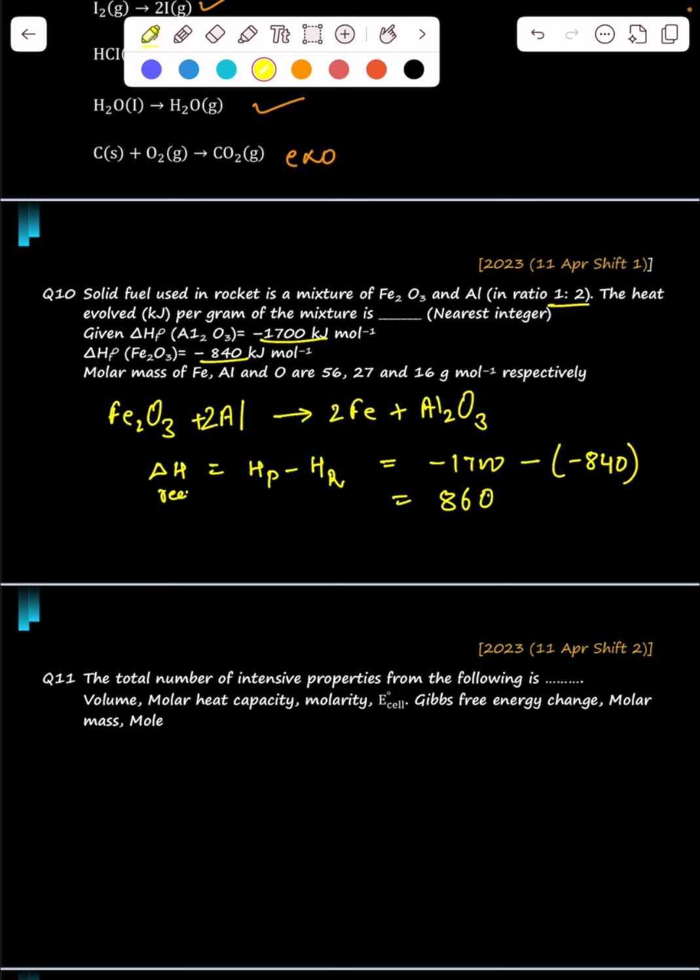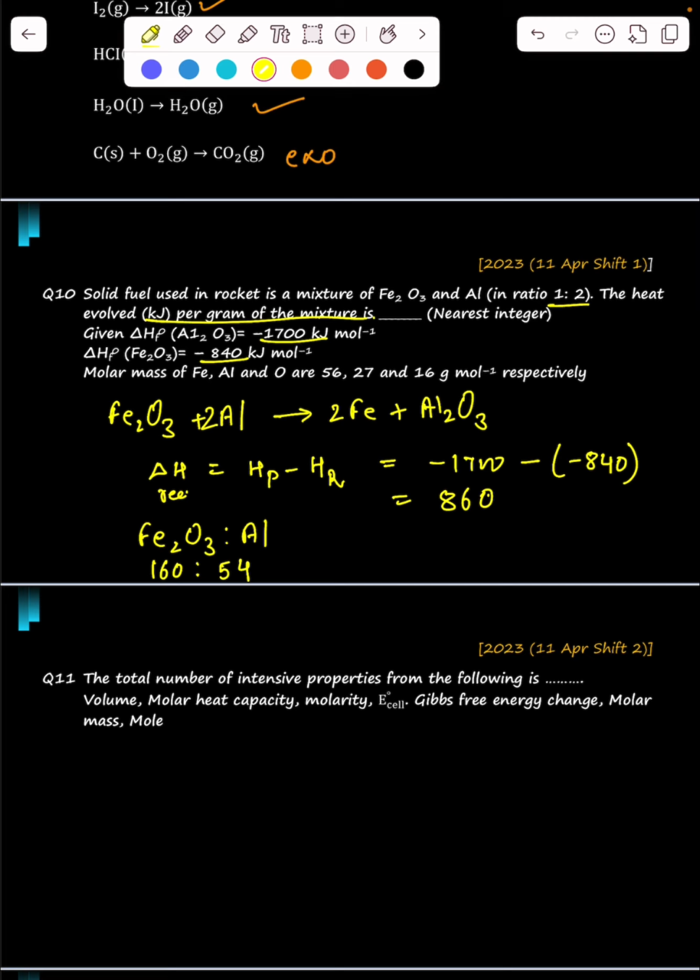So basically Fe2O3 and aluminium 1 is to 2 ratio is given. So that mass is 160 and 54. Basically they are asking the heat evolved per gram of the mixture.